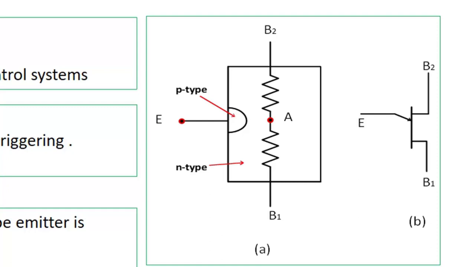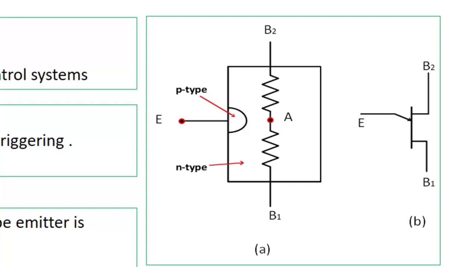This resistance is divided into two parts: the resistance above the emitter, or the doped P-type material, and the resistance below it. The P-type material is generally placed close to the B2 junction, so the resistance AB2 is lower than the resistance AB1. AB1, that is RB1, and AB2, that is RB2, are known as the internal resistances of the transistor.